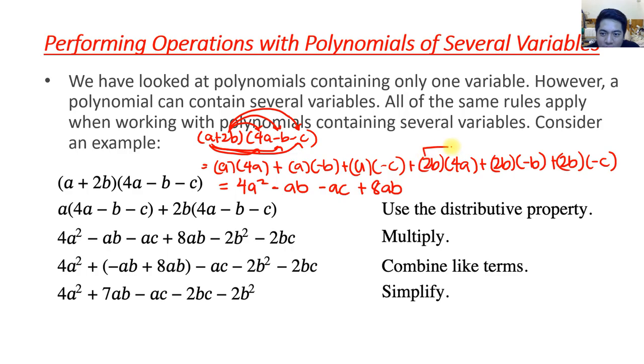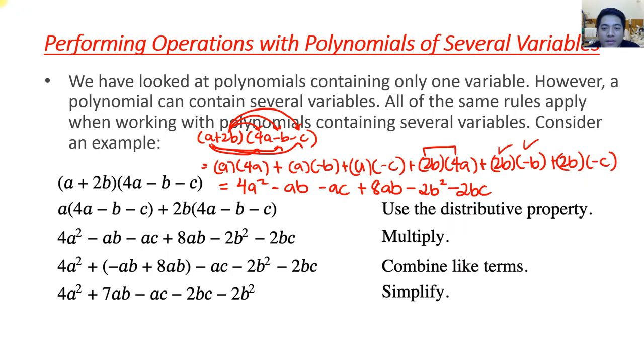Only the coefficients are multiplied, but the a and b, we write as multiplied. So you have 2b and negative b, that is negative 2b squared because of the negative. And 2b times negative c would be negative 2bc.